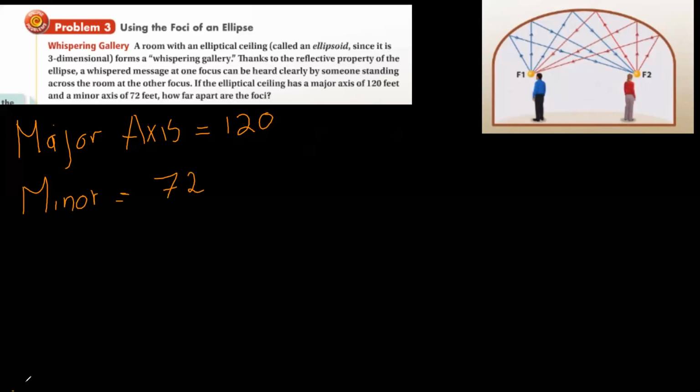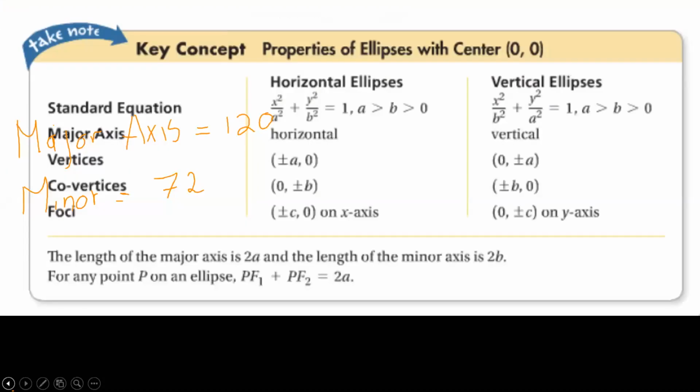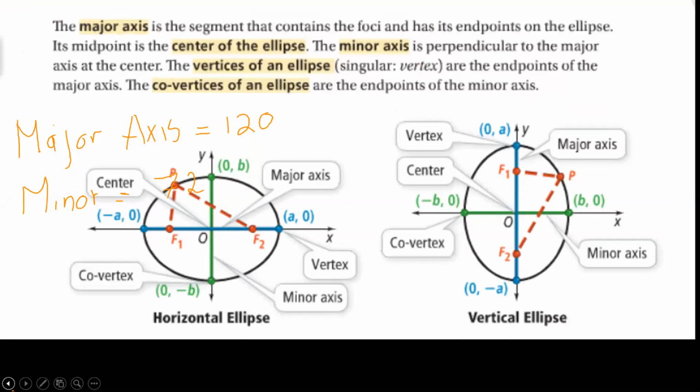I want you to go back here. This is the major axis, and from the center to this vertex is a, and from the center to this other one is also a. So what is the length of the major axis?